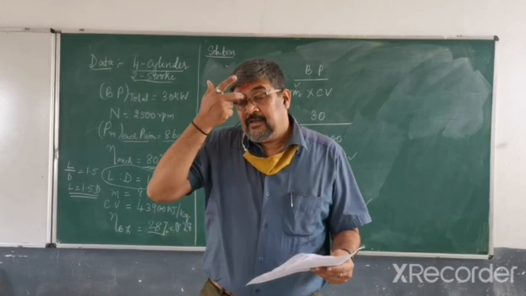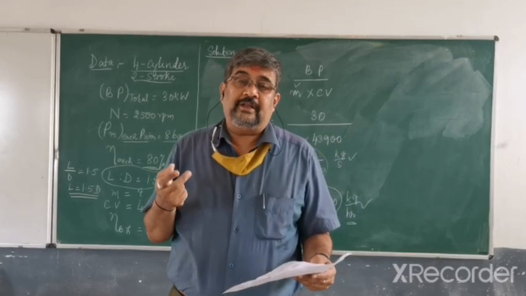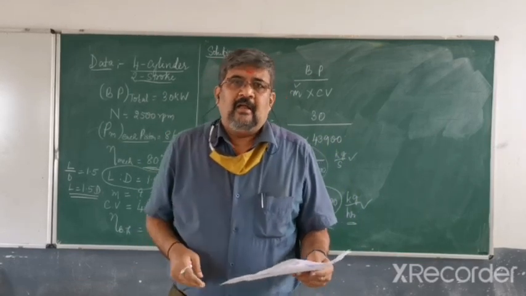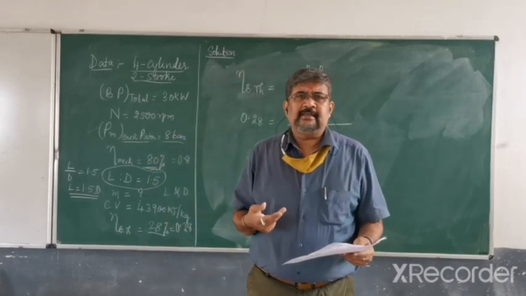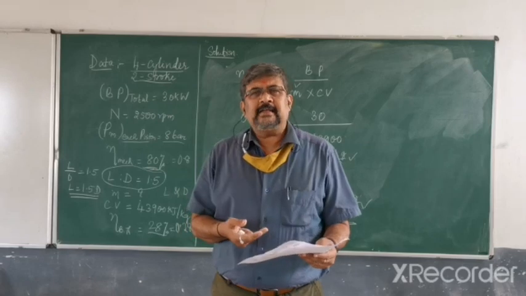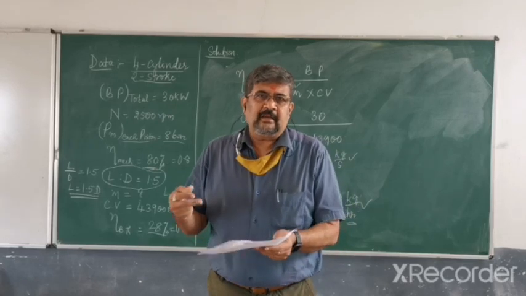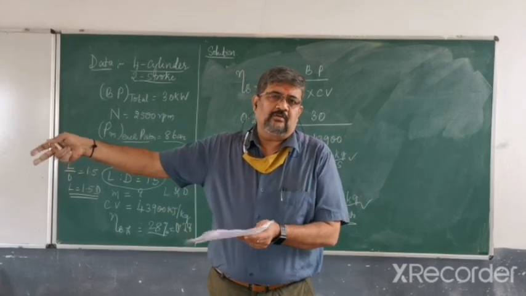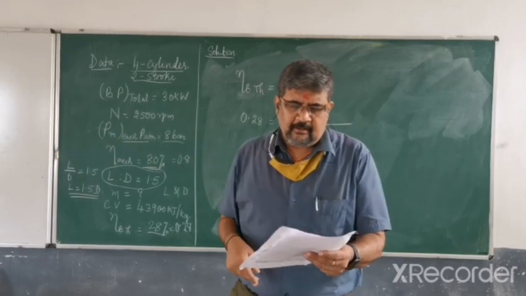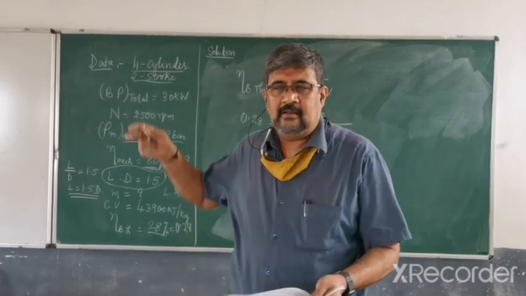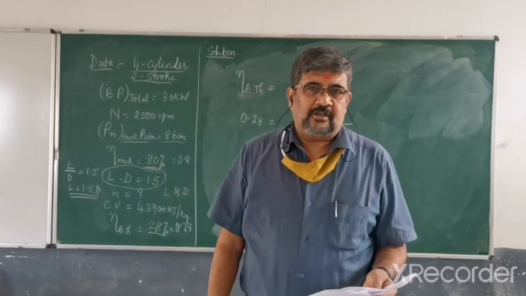So we really don't know whether to take that as indicated power or brake power. But if you do a little bit of analysis, we can understand that something developing means that is the output. Since the output is nothing but the brake power, we have taken the brake power as 30 kilowatt, and then we have gone through the whole process.